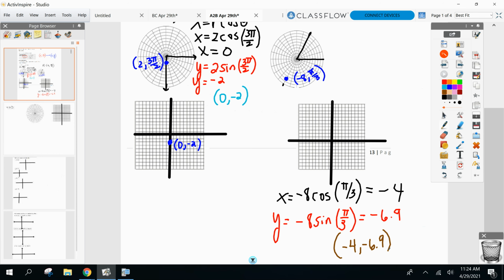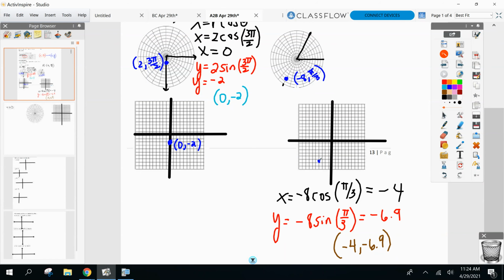And again, when you graph it, it should look in the same spot as your polar one was. One, two, three, 4. 1, 2, 3, 4, 5, 6, and a little more. About right there, probably. Yeah, pretty much that polar grid and that one look in the same spots.